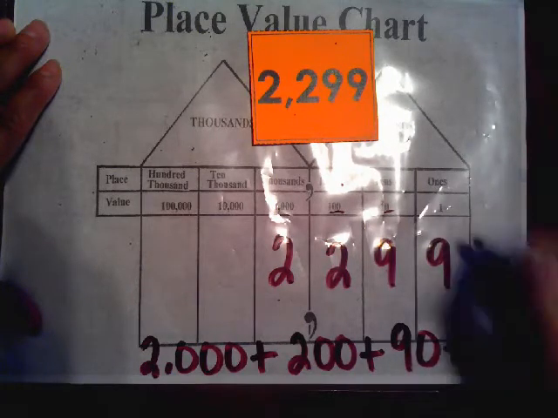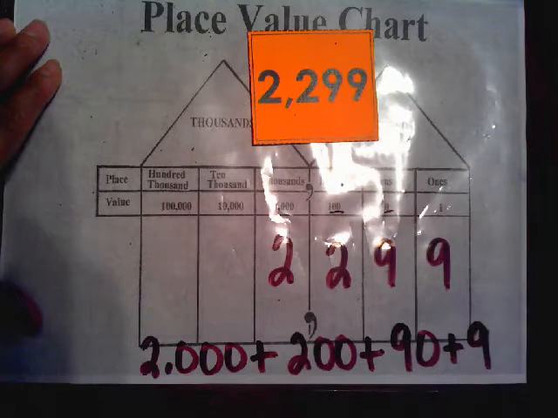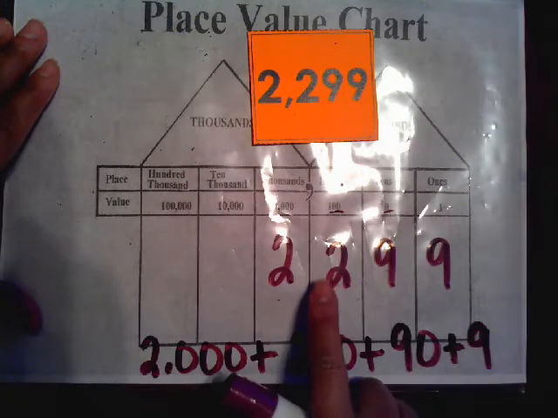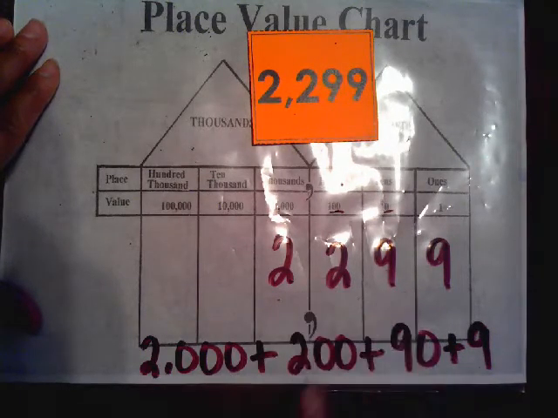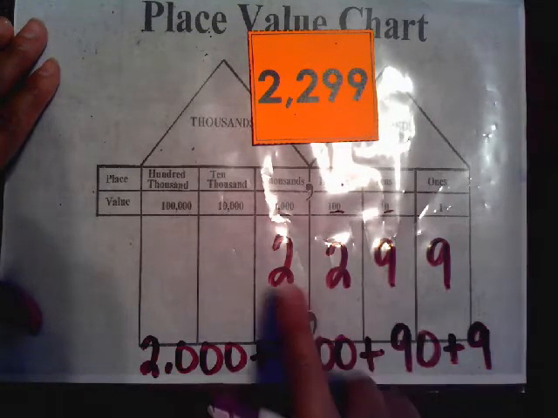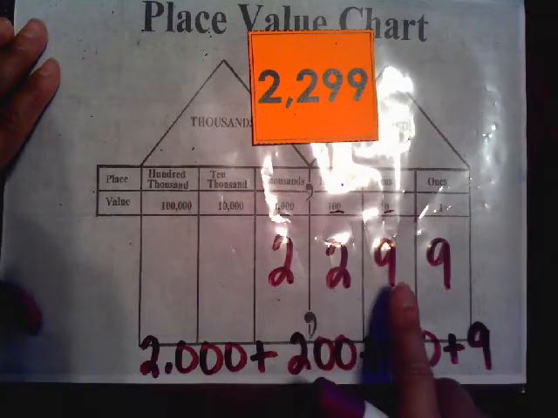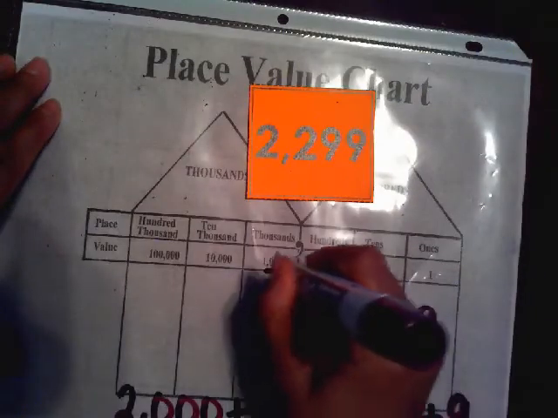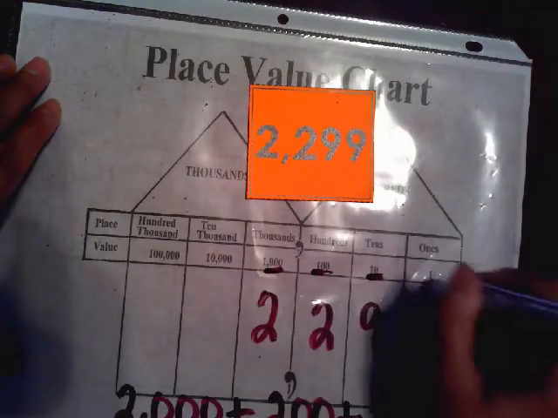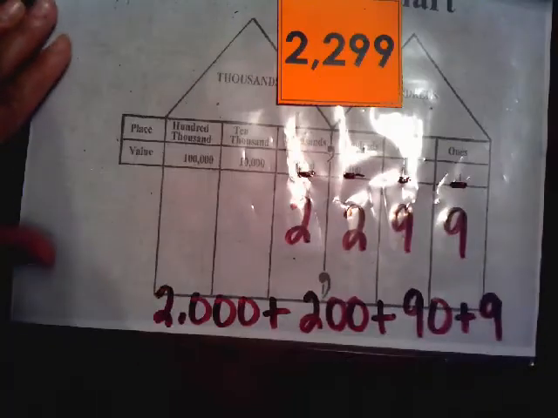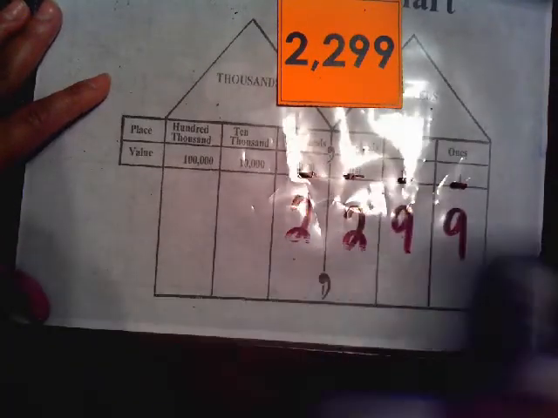And then you have 9 ones. So that is your number from standard form to expanded form. Use your chart, put your digits in the correct places, and then use their value to write it in expanded form.